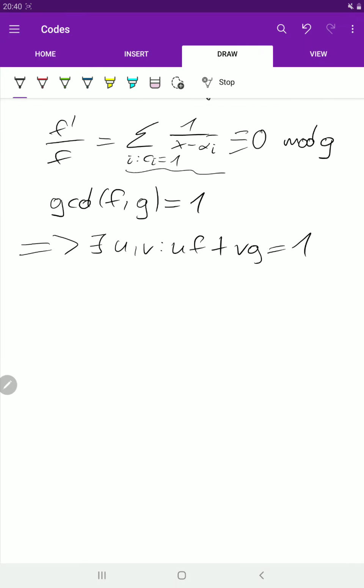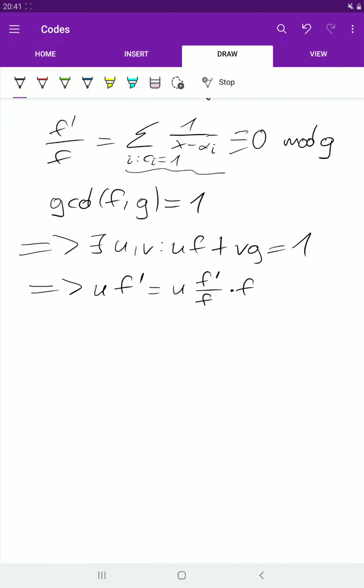Okay, that's clear, and now let's go on. Now we use another trick, so now we look at uf prime, and that's uf prime divided by f times f.